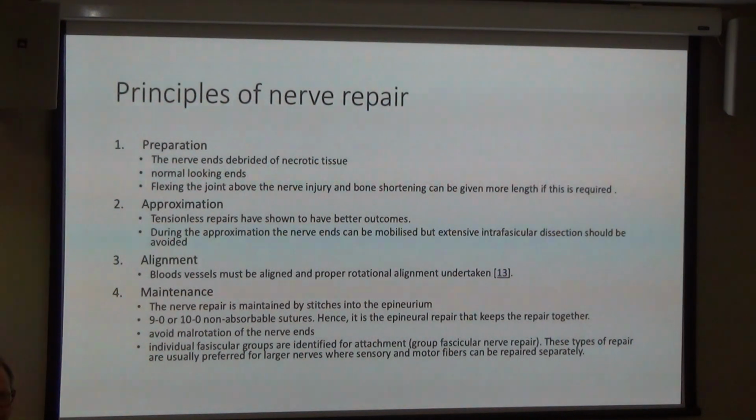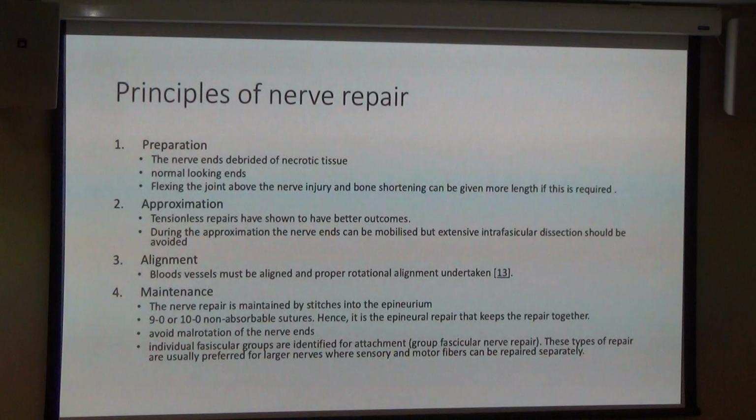Now this is where it gets a bit angsty, because you've got to trim them, because literally within day 1 or day 2 of a complete transection of the nerve, you start getting Wallerian degeneration on one end, but also on the proximal end, you'll see sprouting within 1 or 2 days.